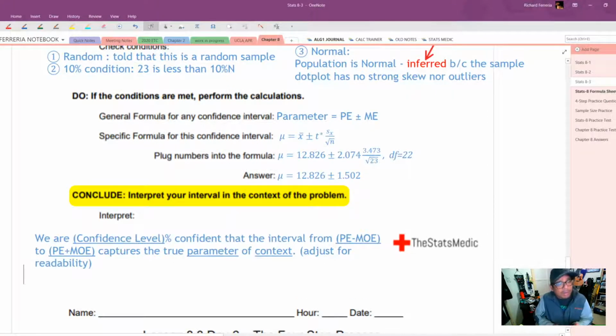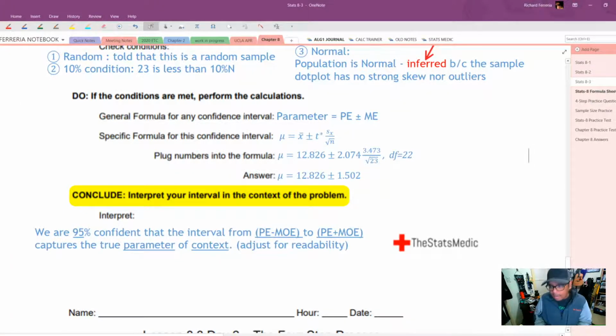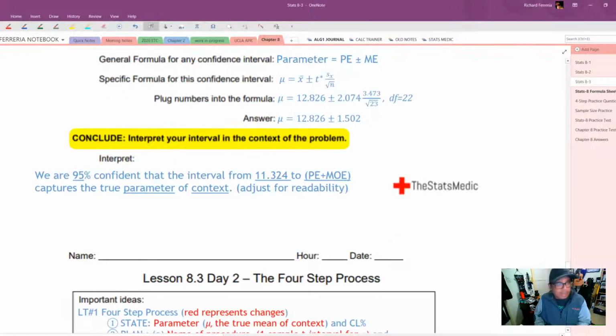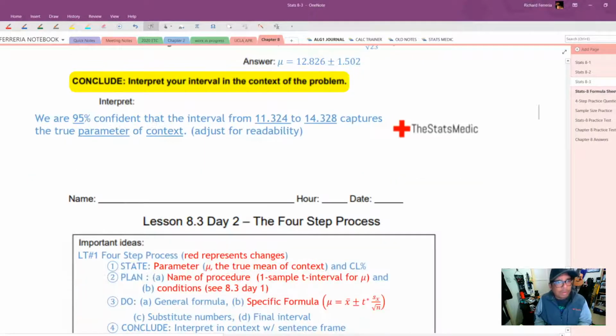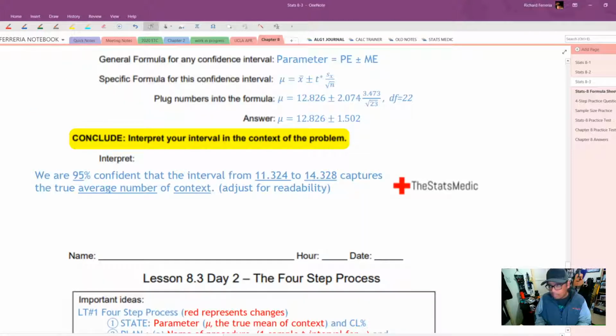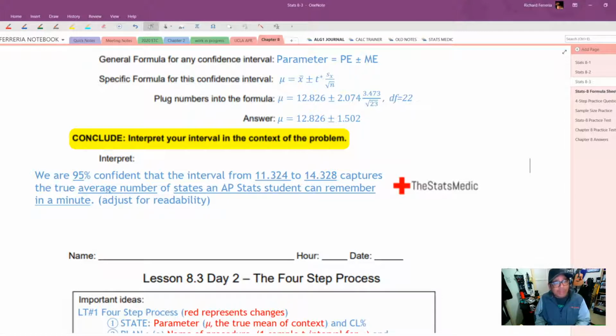Okay, let's call up our sentence frame and let's start substituting our numbers in. We are 95% confident that the interval from 11.324 to 14.328 captures the true average number of states that an AP Stat student can remember in a minute.